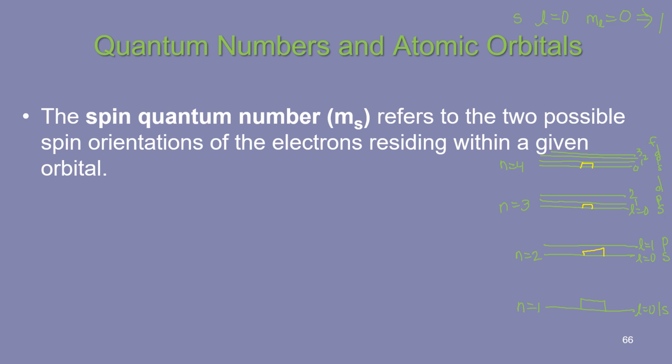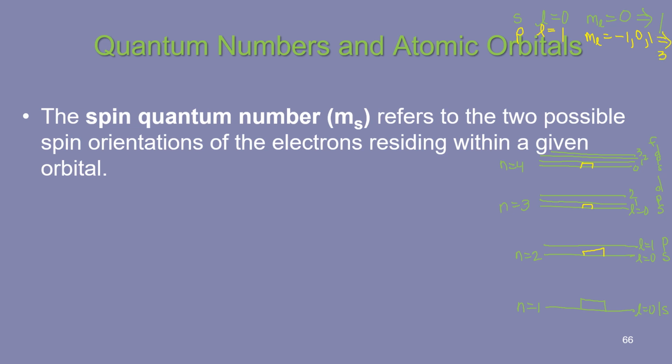But for a P subshell, remember that L equals 1. And we just got through going over this. That means that M sub L equals 0, -1, or 1, which means that there are 3 orbitals.